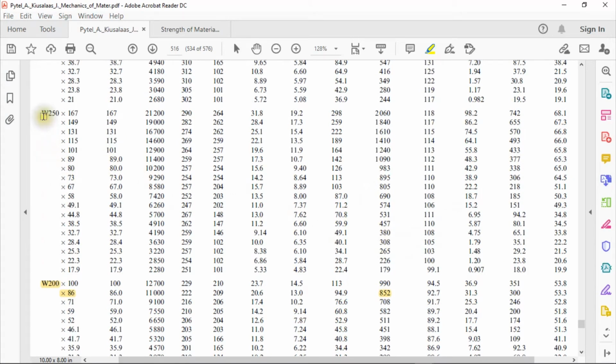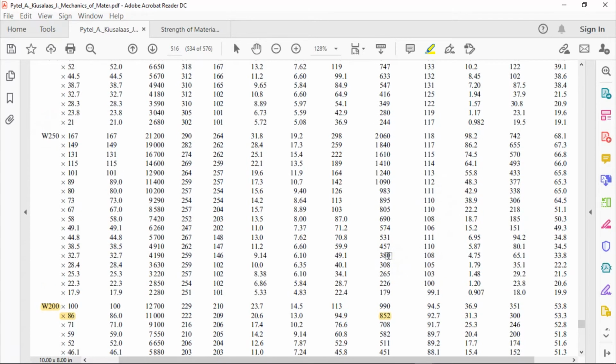We have W250. So we have the next larger section modulus. We have 690, we have 805, so we choose 805. So we have W250 by 67.